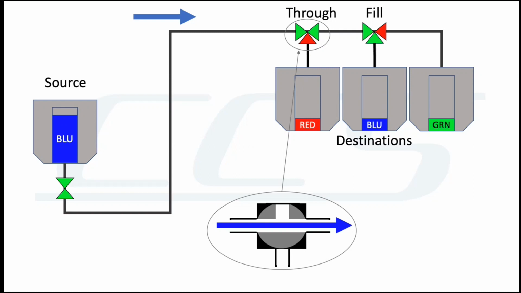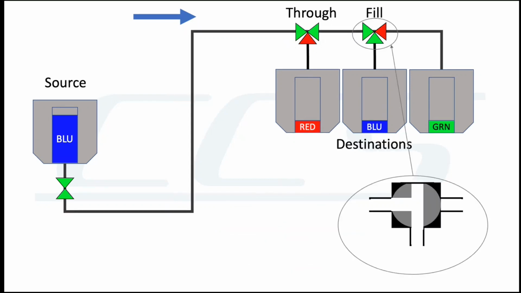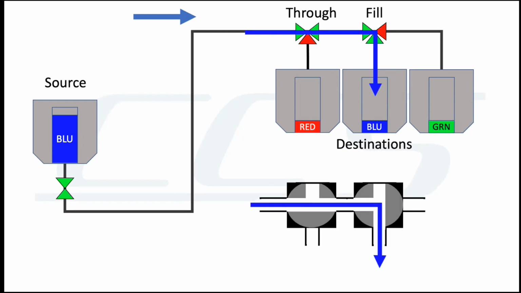If you don't know what a three-way valve looks like on the inside, it looks like this. It's a T port, and that T rotates 90 degrees. So in this case, the first valve's in the through position, the liquid would go right through. And then on the second valve, the T port is rotated 90 degrees, so the liquid would go down into that tank. So you put them together, and now we know where the liquid's going to go.